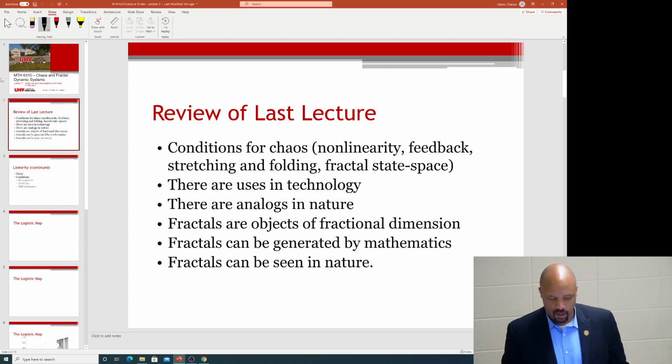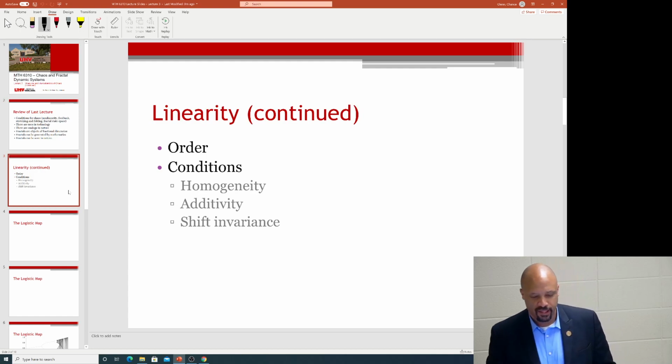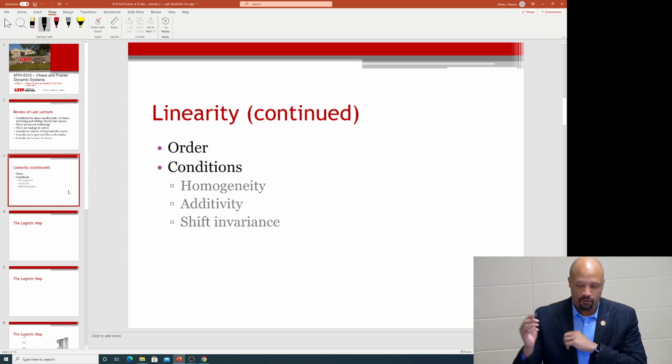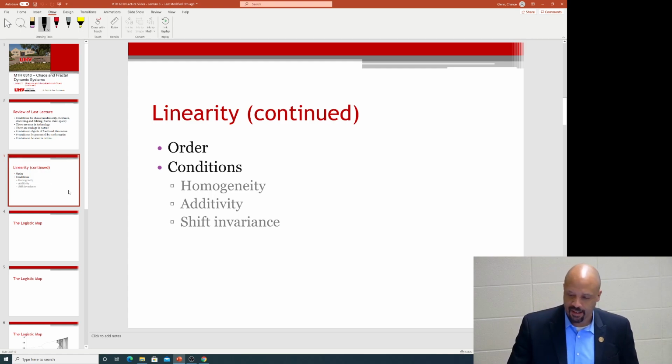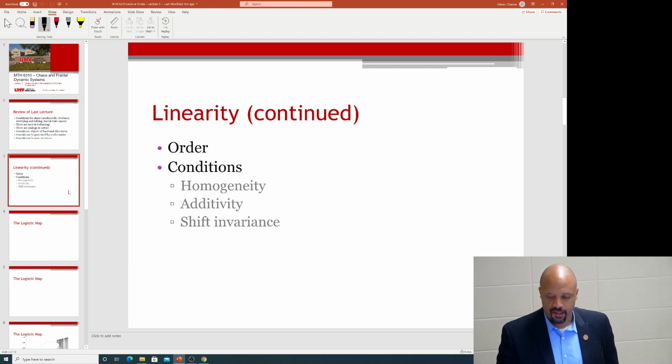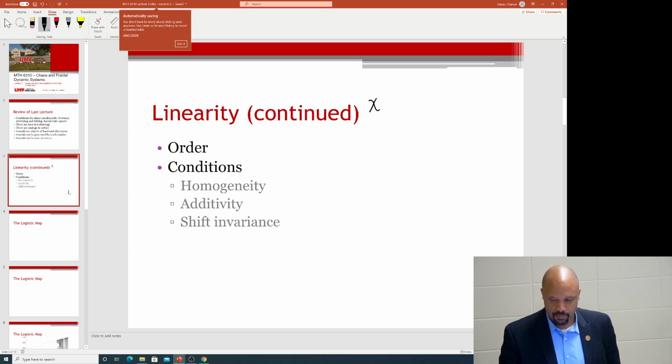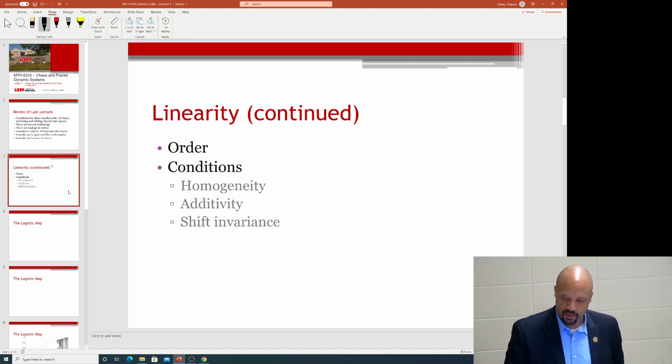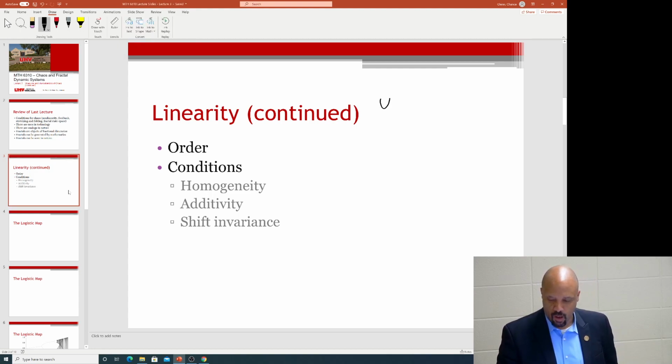Now, a couple of things I want to go back and talk about with linearity. Well, first of all, I need to correct something. Last time I said something about a linear system. So let's say that y equals f of x.